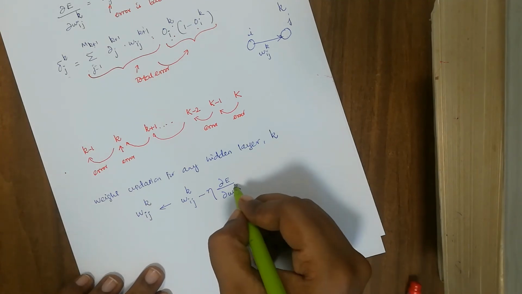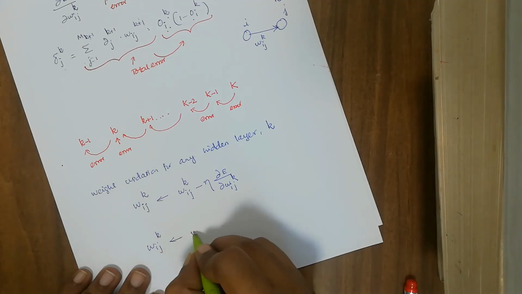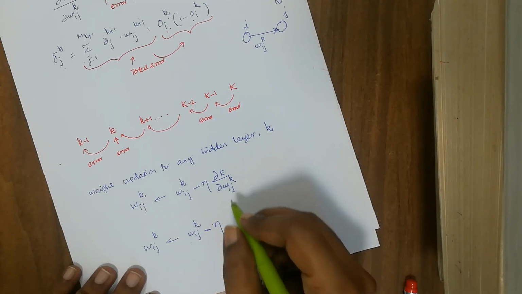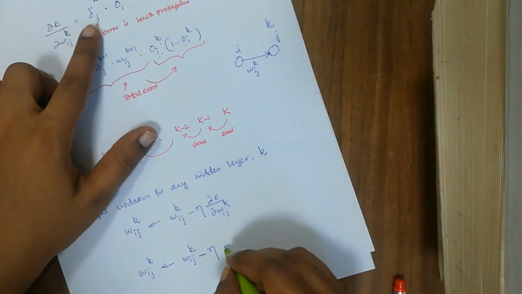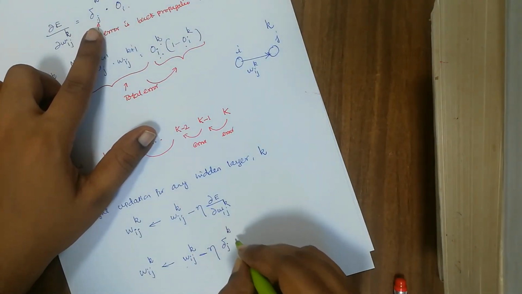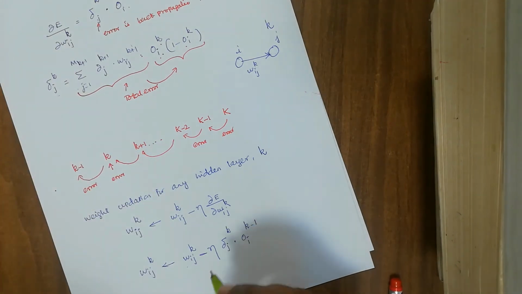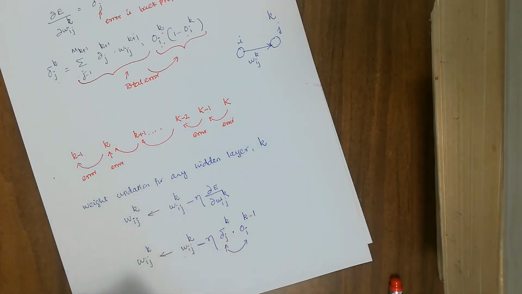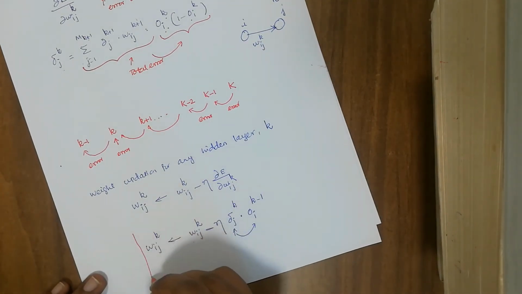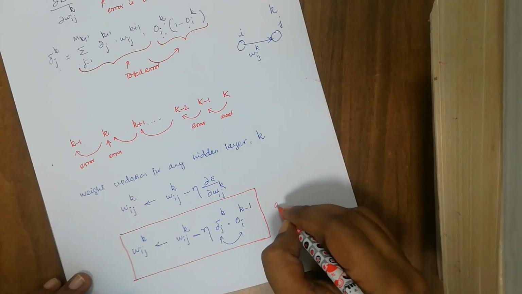Now when we rewrite this, we obtain wij k, the old weight, minus the learning rate times this term, which is del j k multiplied by oi k minus 1. The meaning is that the error at the kth layer gets propagated to the k minus 1th layer. So this is the weight updation rule for any hidden layer.